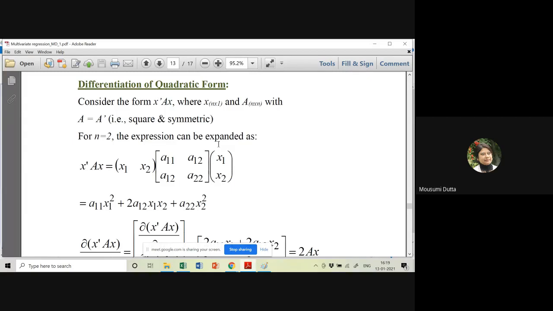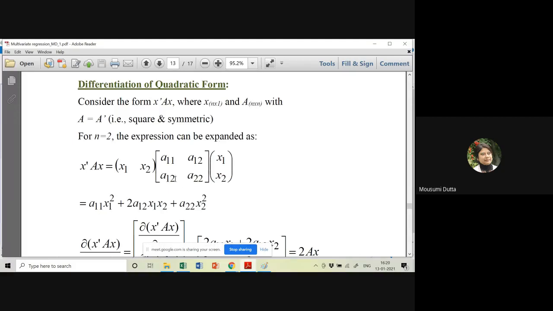To simplify the entire context, I am considering n to be equal to 2. So I'm considering a matrix of order 2 by 2 and X is a vector of order 2 by 1. For n equal to 2, the expression can be presented as x prime Ax equal to x1, x2, then the matrix a11, a12, a12, a22.